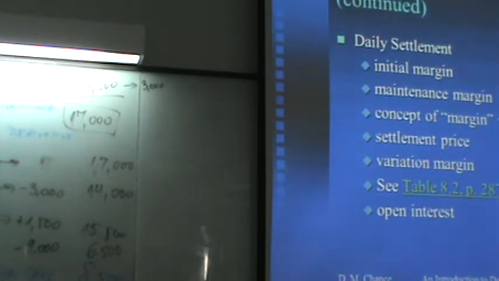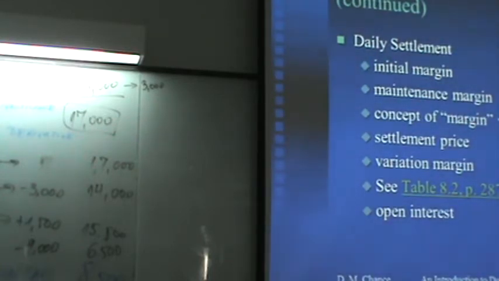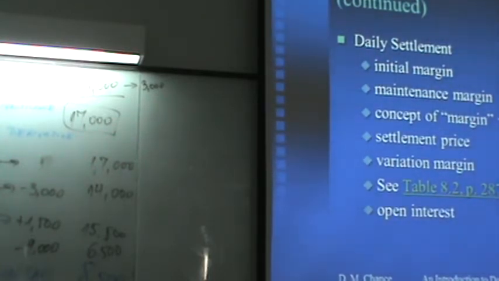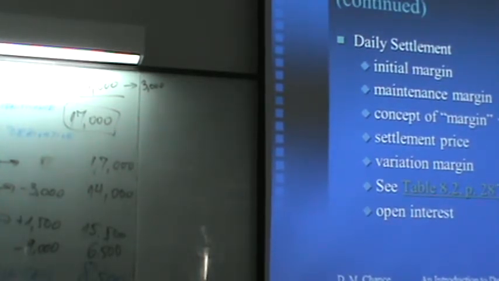If you don't send the money today, well, they call it 4 o'clock, tomorrow morning when the market opens, you're out. It's that simple. In other words, you're down to 6,500. Tomorrow morning, you may lose 3, 4, 5, 6, even 7,000.